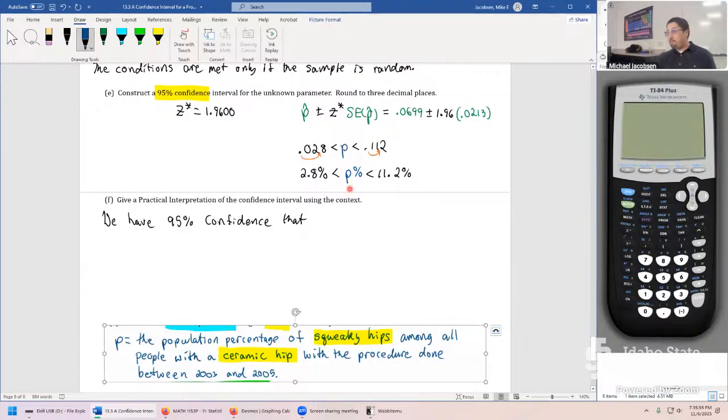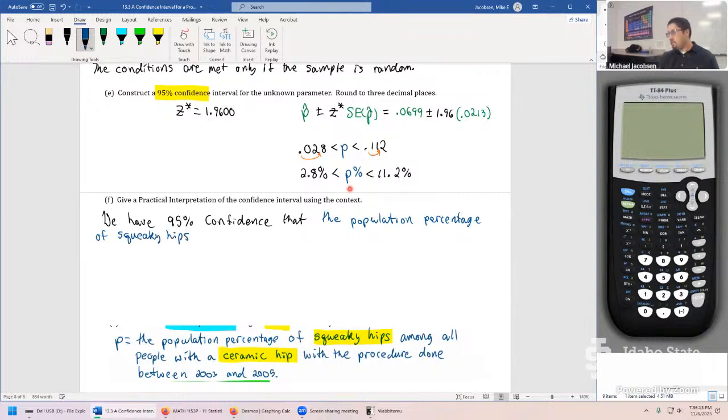So we'll say we have 95% confidence that the population percentage of squeaky hips among all people with a ceramic hip.